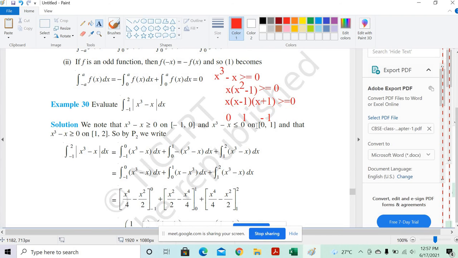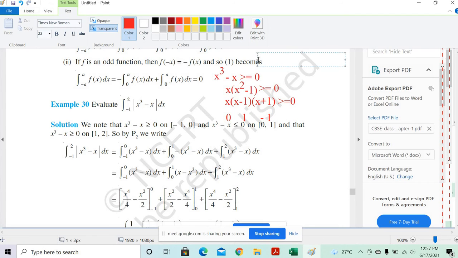Yes, sir. That means when you want to make it greater than 0, now you have three things. Basically you have the limits from minus 1 to 2. Got it? So you have the limit from minus 1 to 2. Let's understand this part, how we have to do that. I'll explain to you.